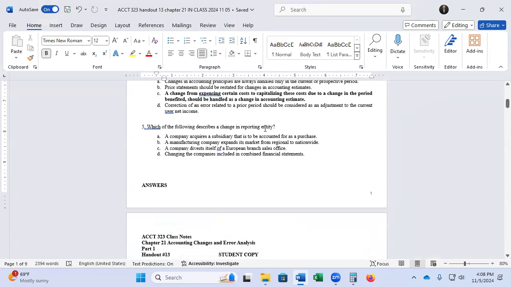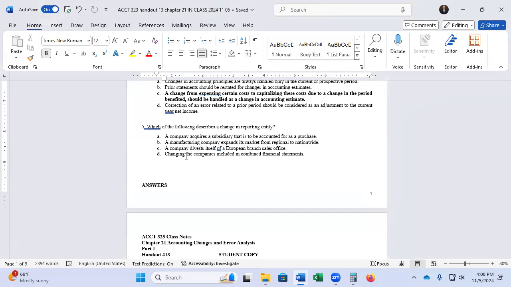Okay, which of the following describes a change in reporting entity? So basically we're looking for what was maybe reported under the equity method and now it's consolidated. So you're jumping from say 20% ownership or 25% ownership to now you have to consolidate the statements.